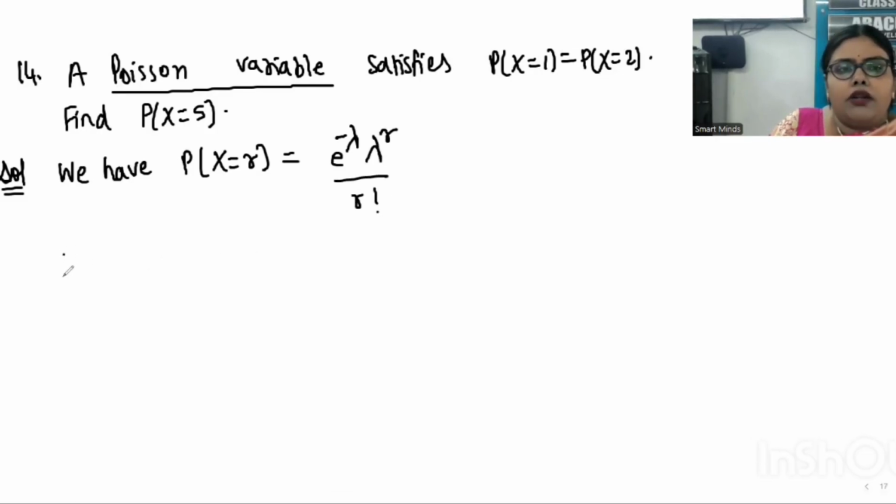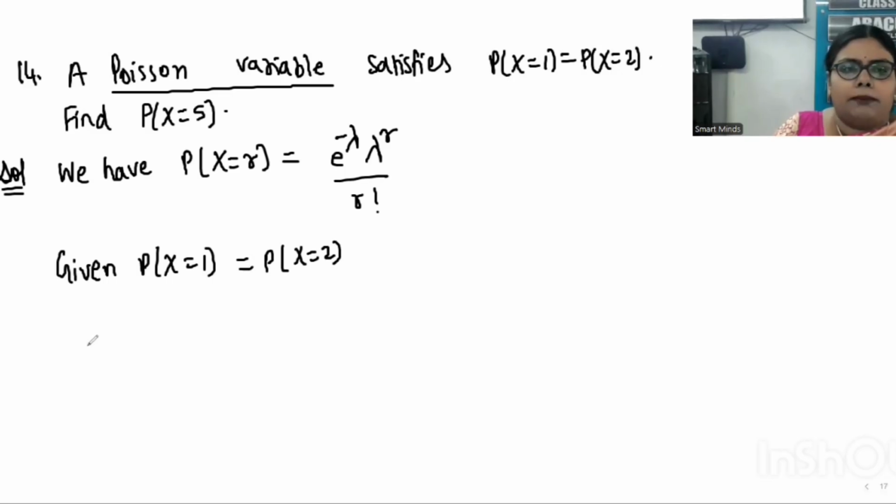Now, what is given to us? P of x is equal to 1 equals P of x is equal to 2. So, when we are finding P of x is equal to 1, you put r is equal to 1 in the formula. And when we are finding P of x is equal to 2, you substitute r is equal to 2 in the formula.